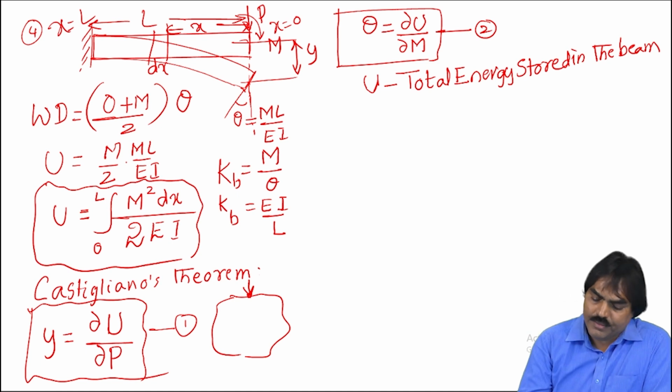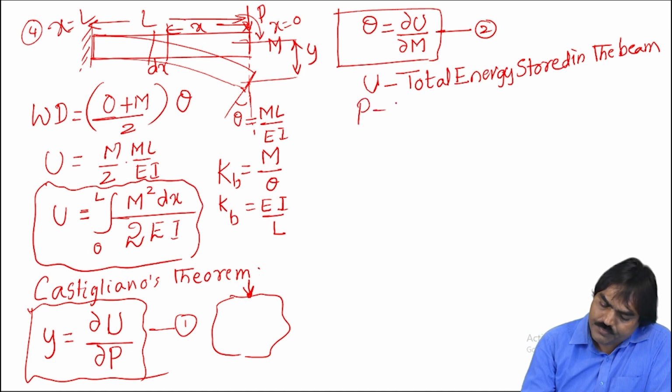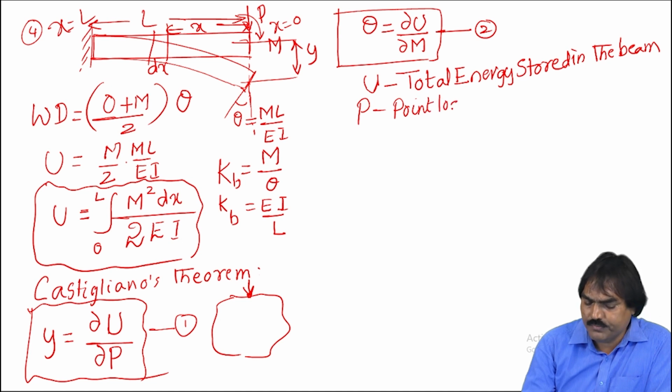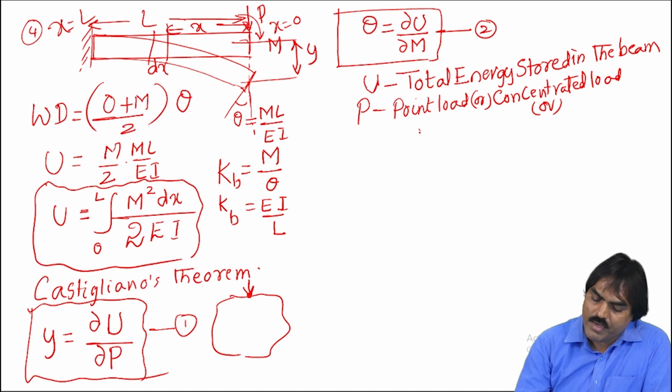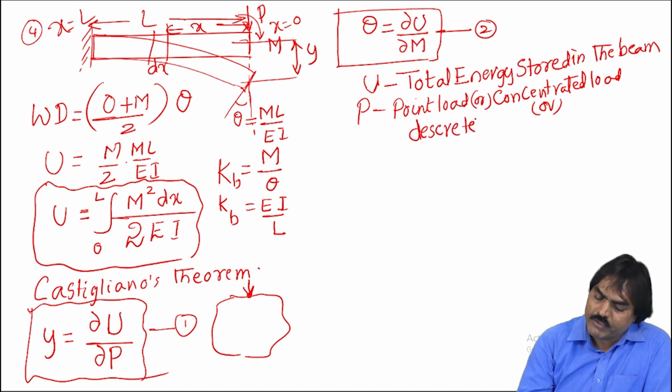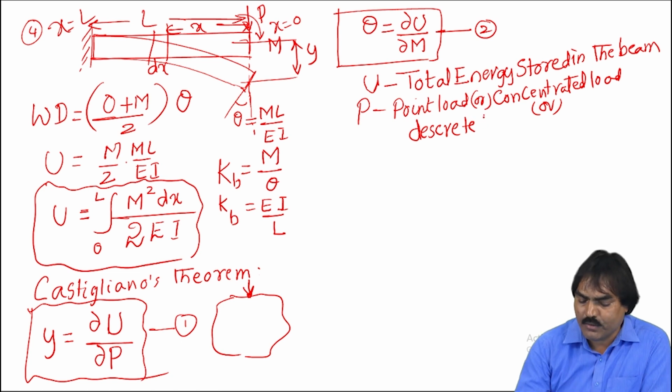Then P is the point load, other name is concentrated load, or other name is discrete load, because in the numericals they will use different words at different times.